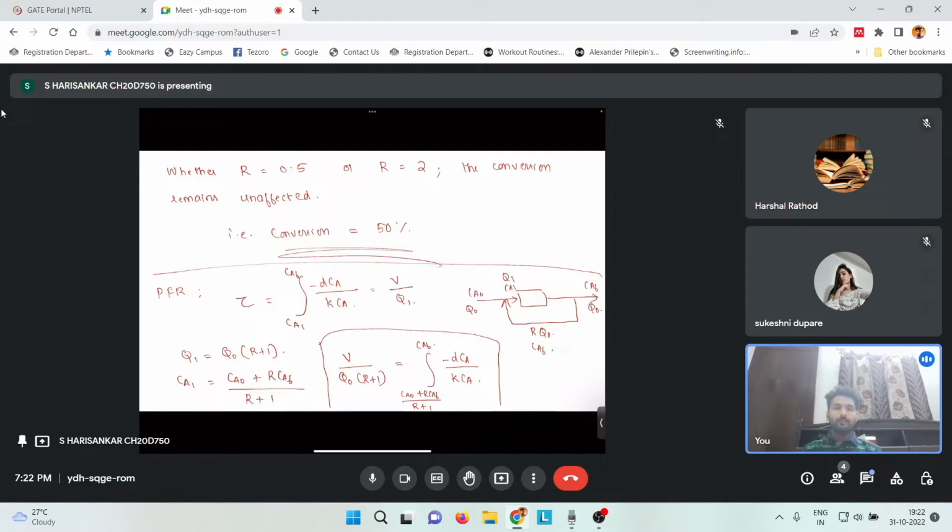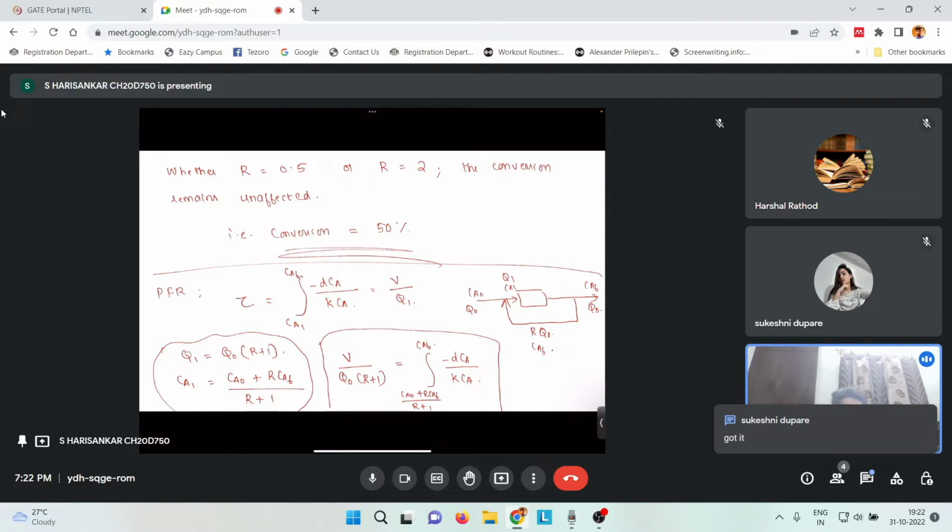You get it? Basically what we need to do here is do a balance at the entry point to find both CA1 as well as Q1, and if we have those two values, then everything else is just the basic design equation. You just write the design equation and substitute for CA1 and Q1. Right? Is it understandable?